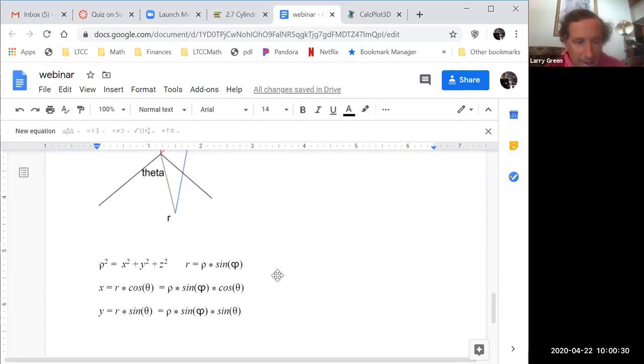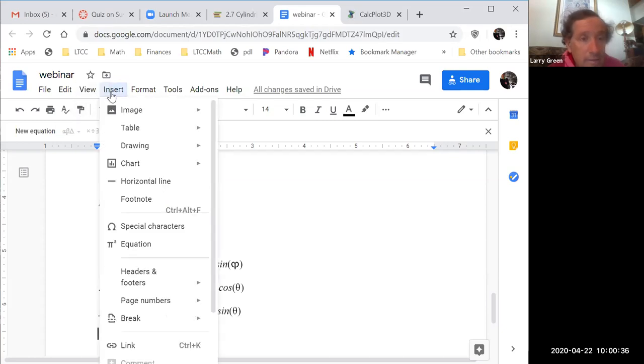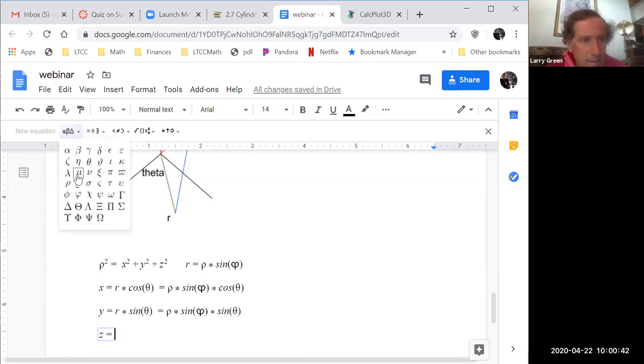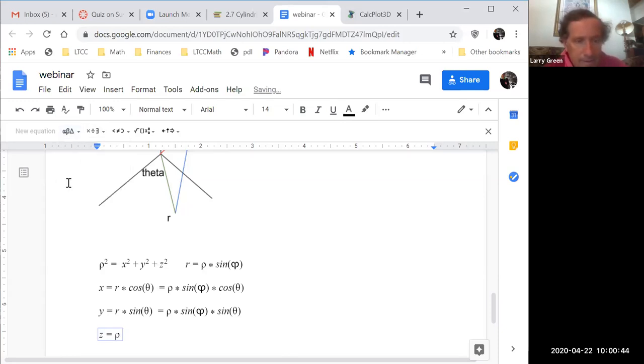So we can just write that down. That's even easier. Z equals rho times the cosine of phi.